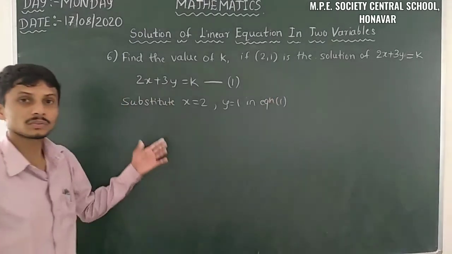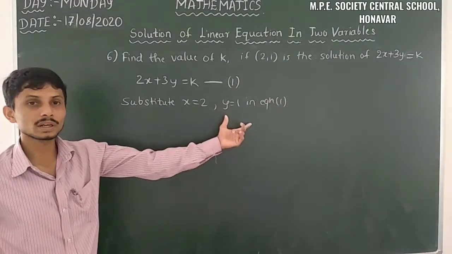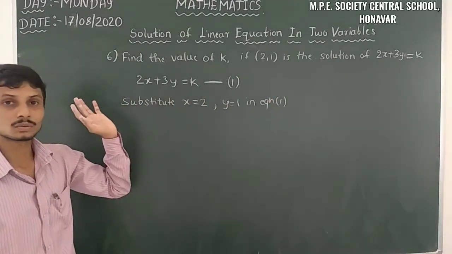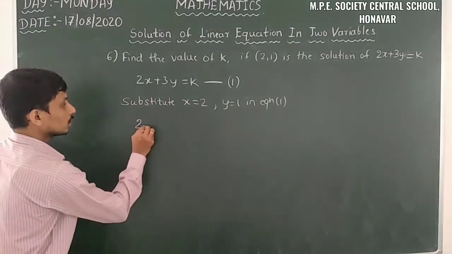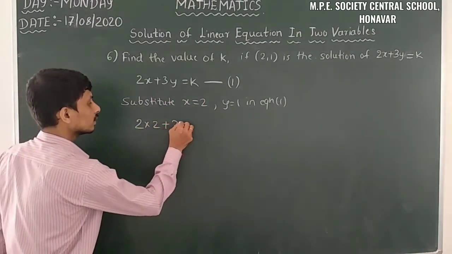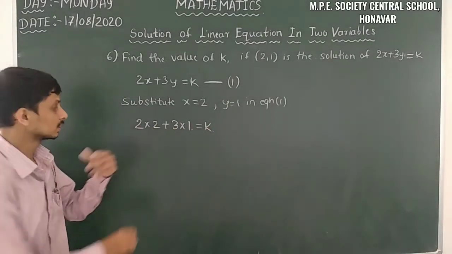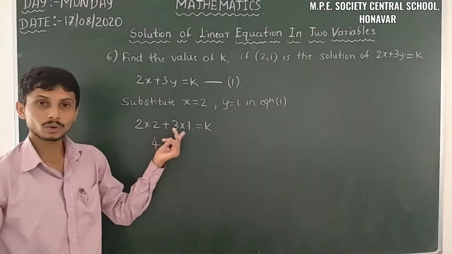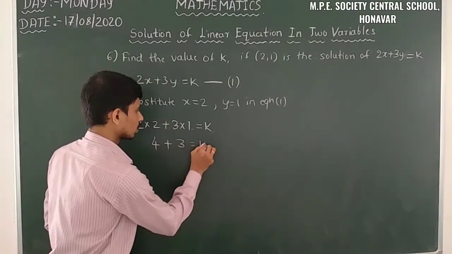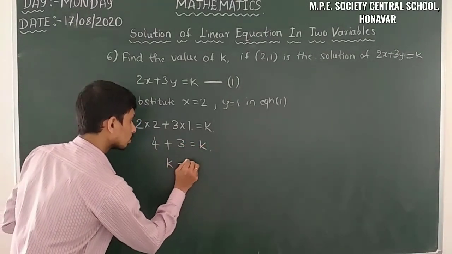So we have to substitute the value of x is equal to 2 and the value of y is equal to 1 here. That is 2 into 2 plus 3 into 1 is equal to k. So 2 into 2 means 4 and 3 into 1 means 3, is equal to k. The value of k is equal to 7.